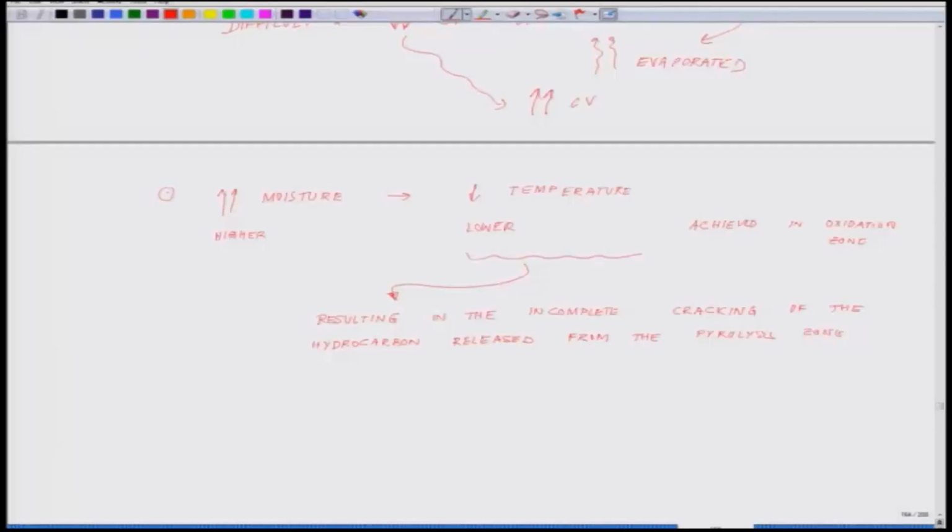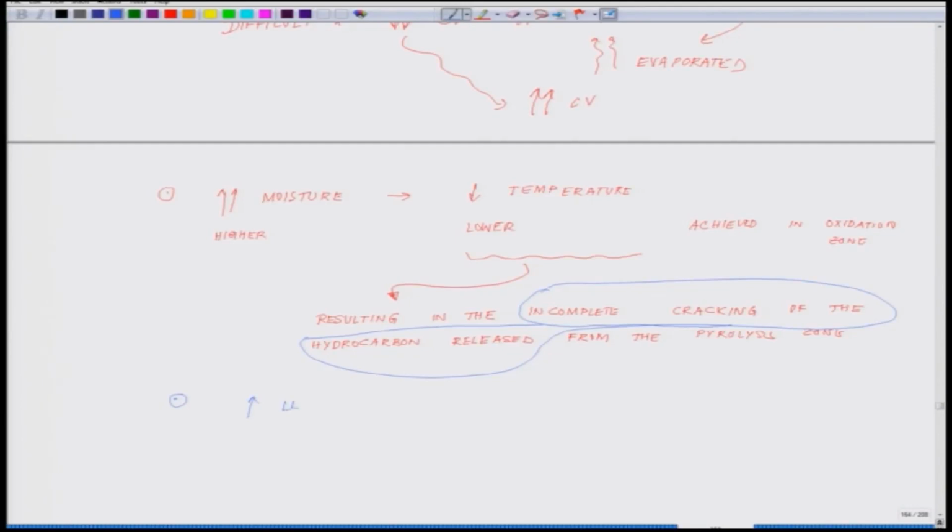So, coming back, the critical take home message here is incomplete cracking of the hydrocarbon. This is the most critical aspect in the pyrolysis zone, and this further leads to something very interesting.